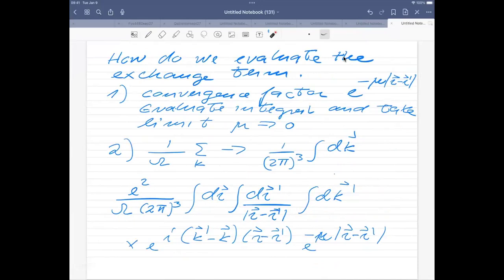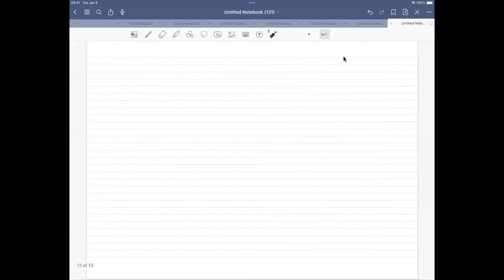So what we are going to do now is simply to calculate this term here and then go through the various steps. So let's introduce new variables.